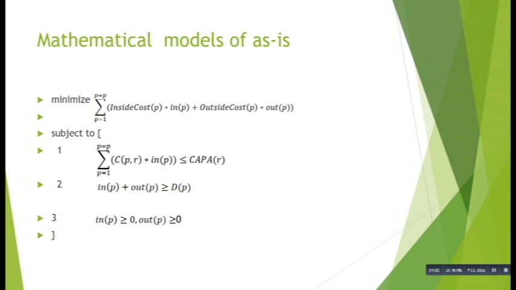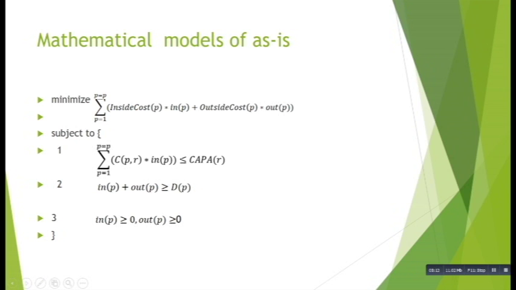This is the mathematical model from the original model, which minimizes the inside cost and the outside cost, and this is the requirement.